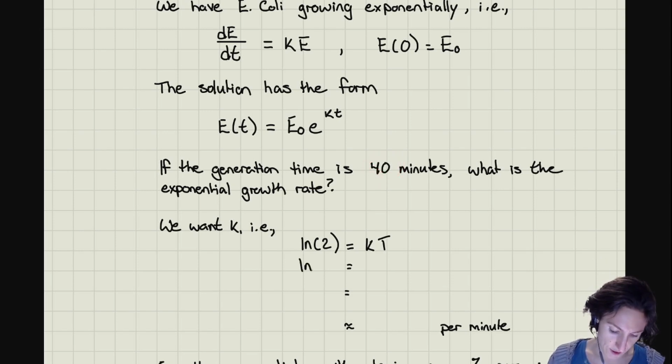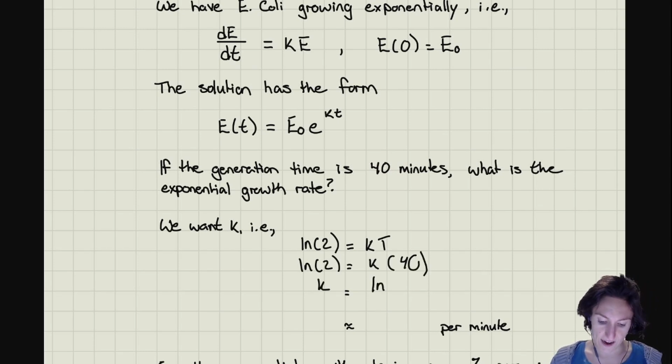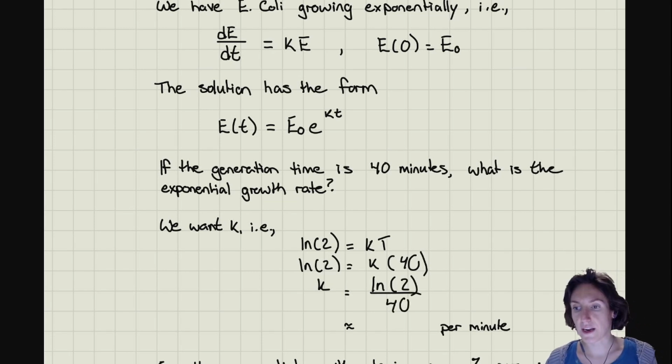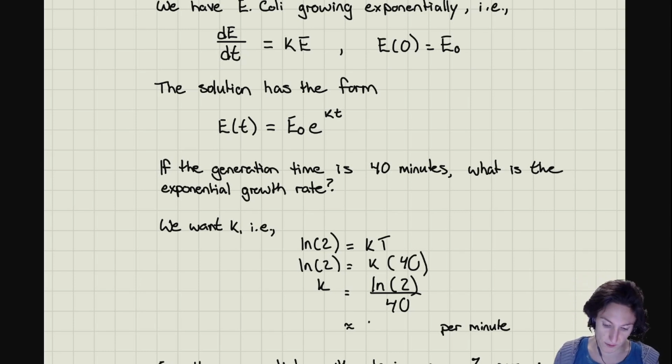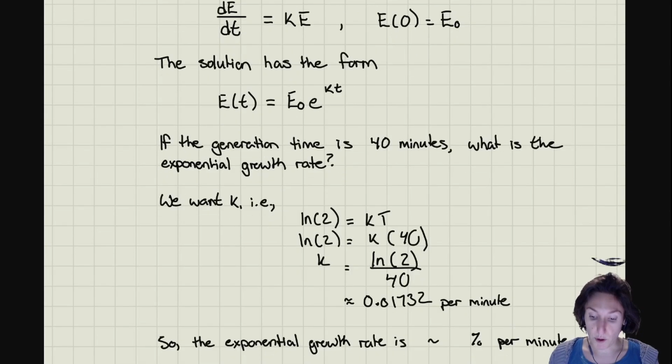So I can put that into my expression to get k times 40. Isolating for k, I get ln 2 divided by 40. This is the growth rate, which is approximately, if I plug this into a calculator, 0.01732 per minute.